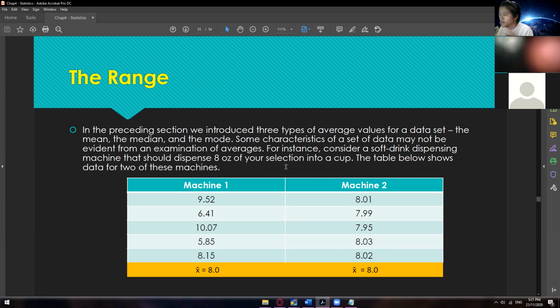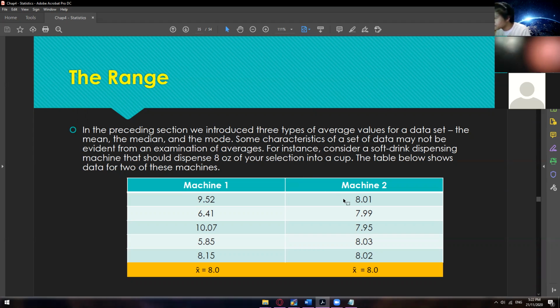To give you a short definition of range: range is the difference between the highest data and the lowest data. Let's say 1 to 10. The range of this one is 10 minus 1, so it has a range of 9. Let's say 9 meters, if you consider that as a distance.